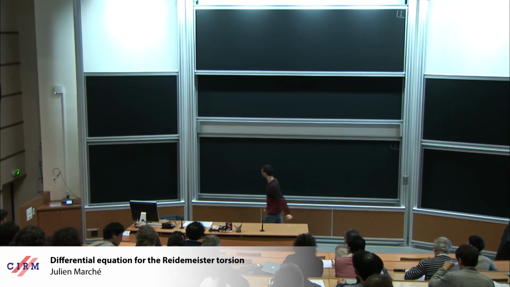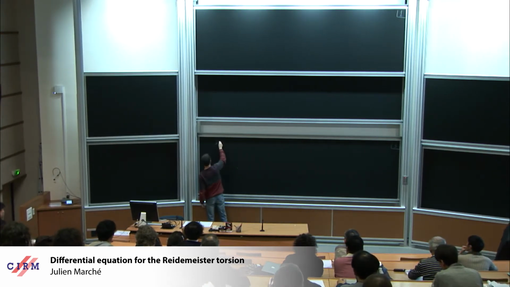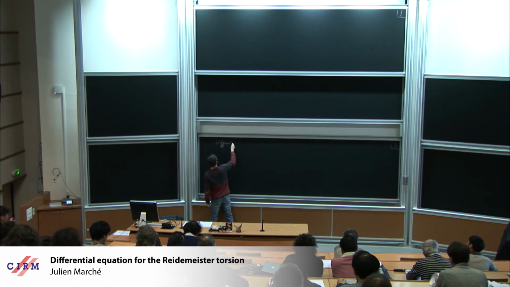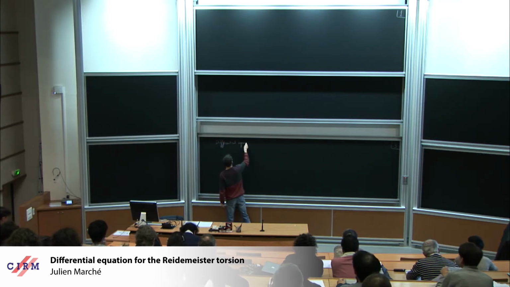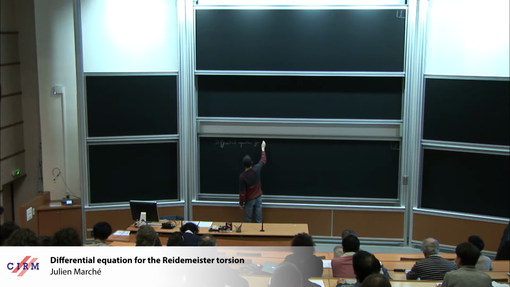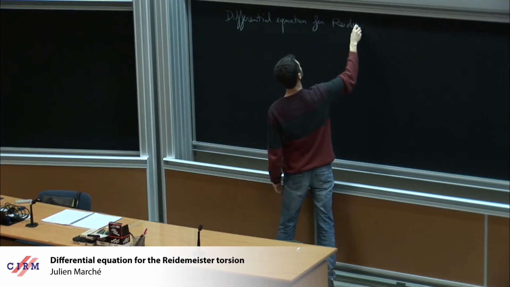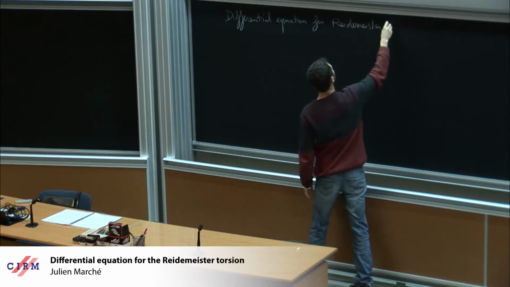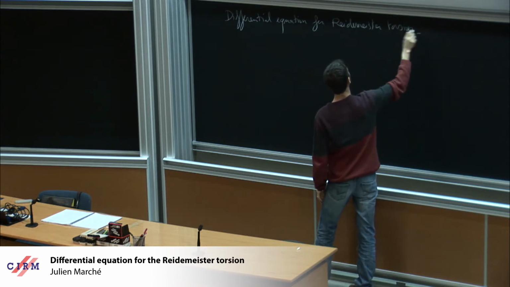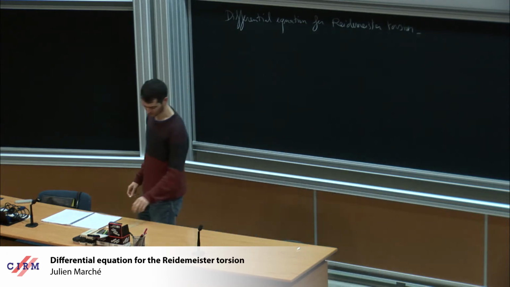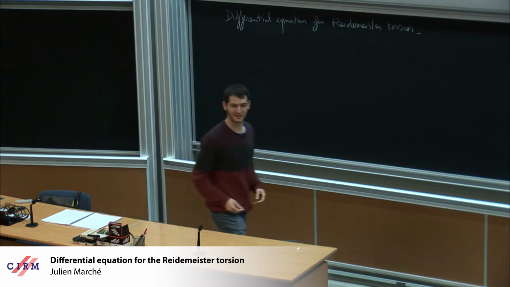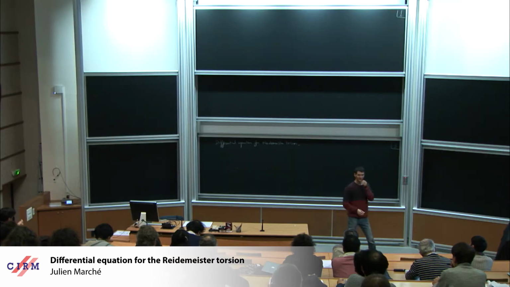So the topic of my talk is a differential equation for Reidemeister torsion. I apologize to those who have already heard me talk about this many times, because it's kind of an old subject.